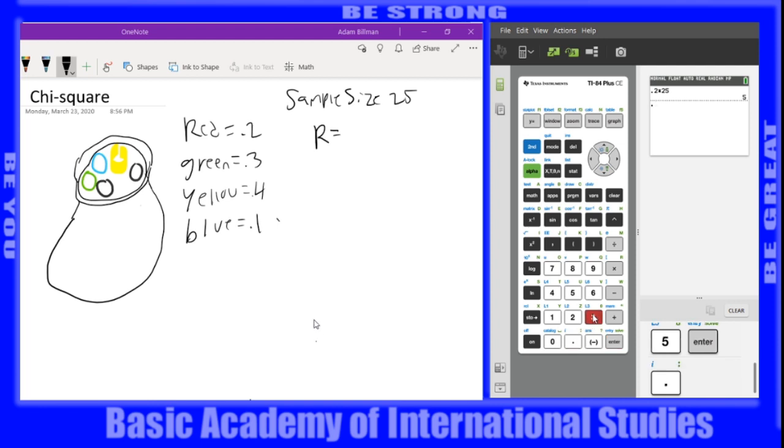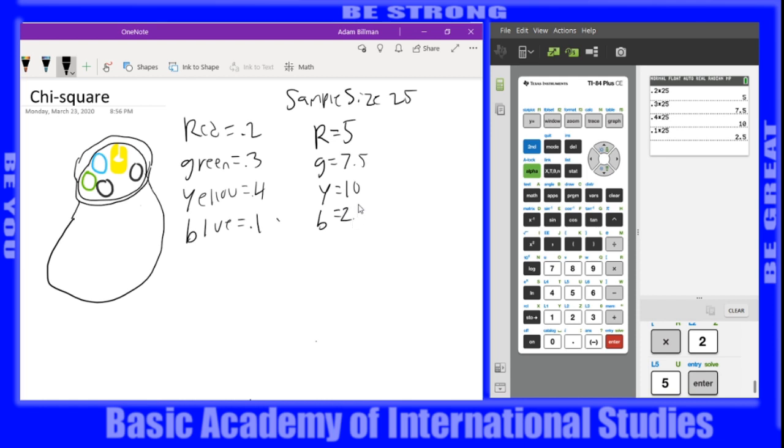So we have 0.3 for the number of green times 25, the number of yellows times 0.4 times 25, and finally the percentage of blues times 25, giving me my values, 5, 7.5, 10, and 2.5. So going ahead and writing that out, that'd be 5 for red, 7.5 for green, for yellow we have 10, and for blue we have 2.5, giving us, these are our true values.